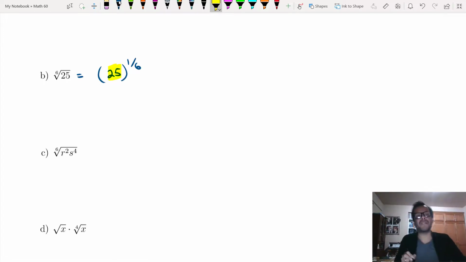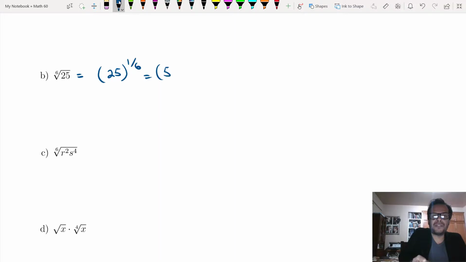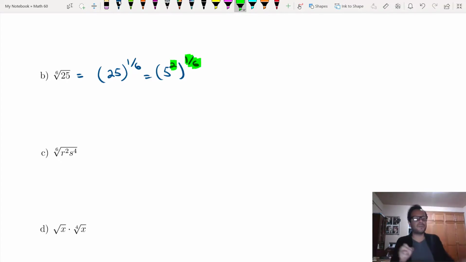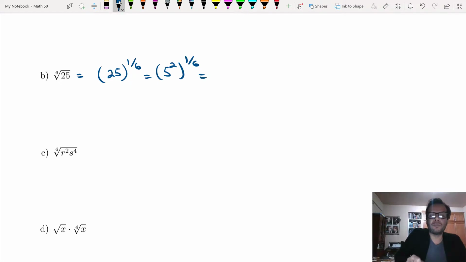This number 25 can be rewritten as 5 to the 2nd power, right? And keep the outermost power, the outermost layer power, which is 1/6. And then from here, notice we have the power of another power. What do we do with the powers again? We multiply the powers.